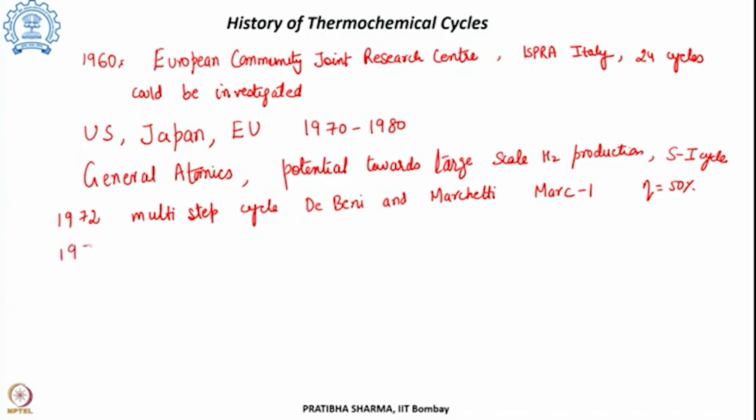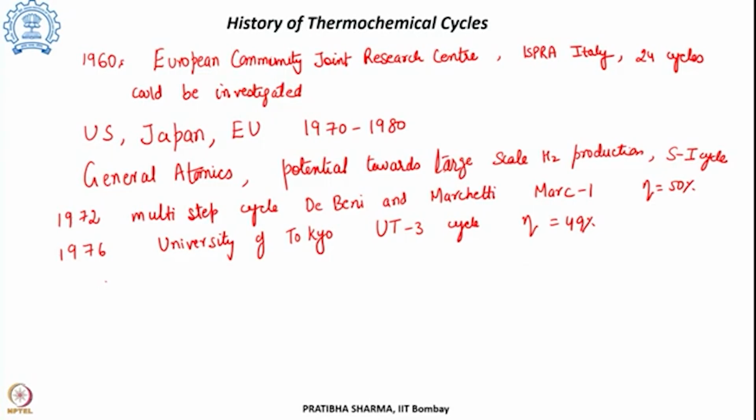In 1976, University of Tokyo came up with the UT3 cycle that was predicted to have an efficiency of 49%, having calcium, bromine and iron.